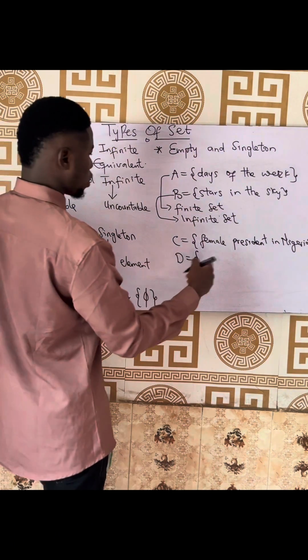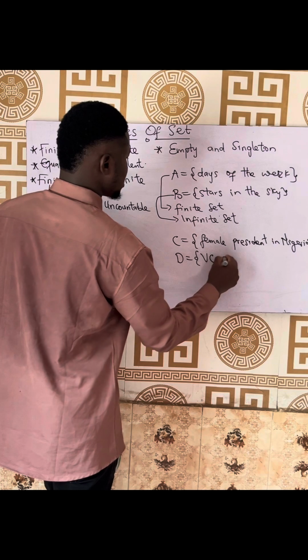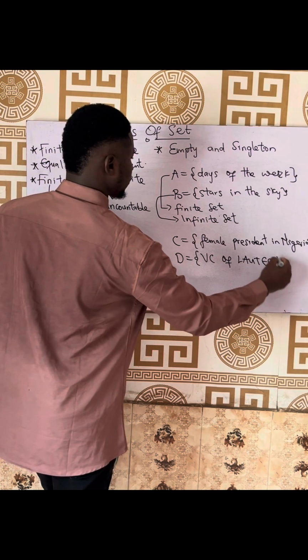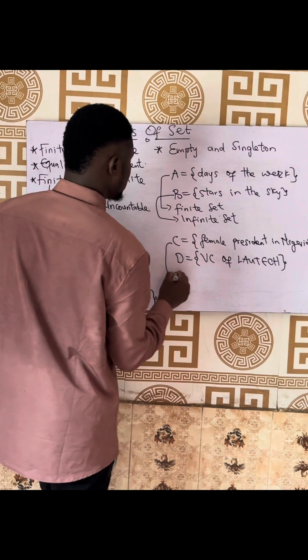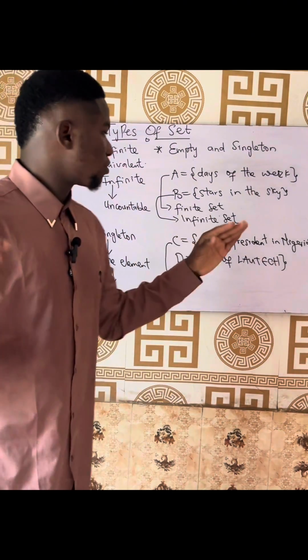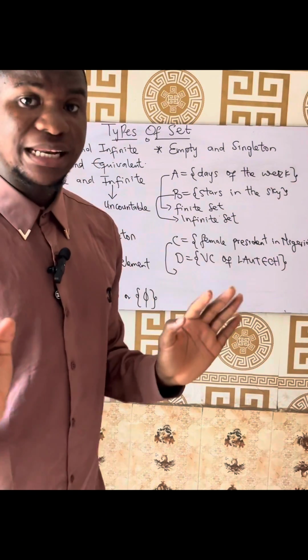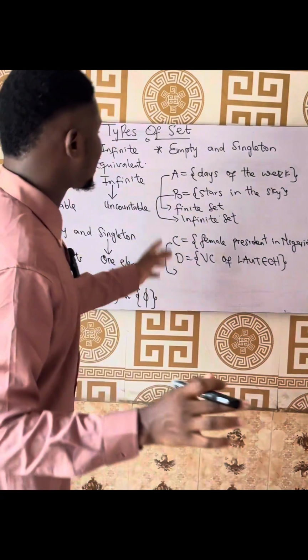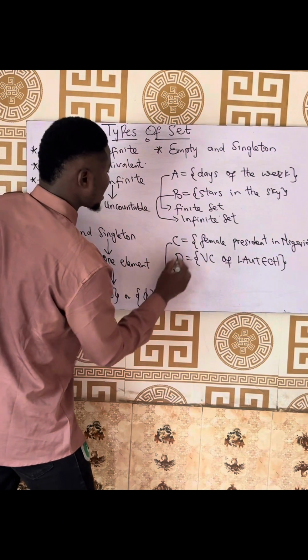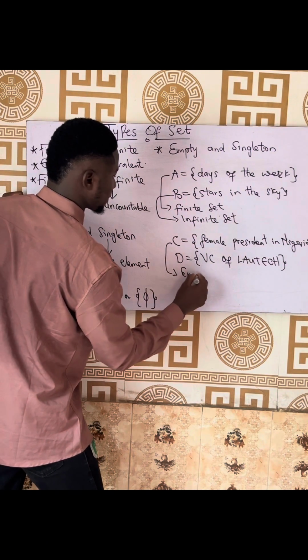Set D is equal to VC of Lautech. So we are going to see that since the independence of Nigeria, there hasn't been any female president. Then this simply means that female presidents in Nigeria, there is none. So set C is an empty set.